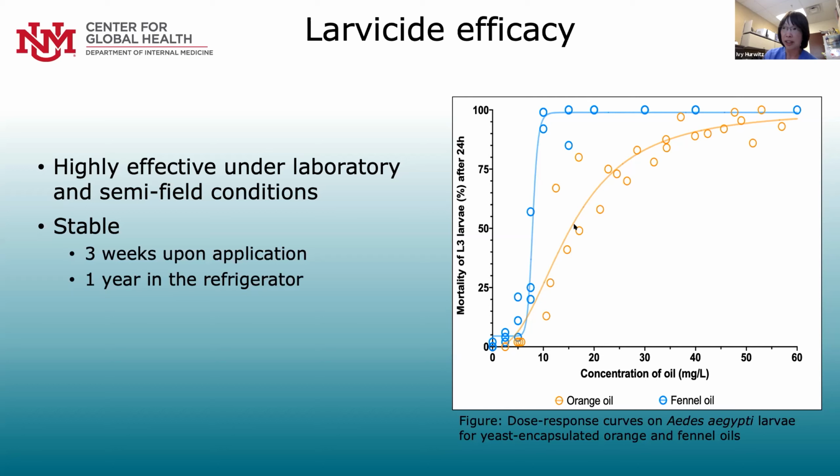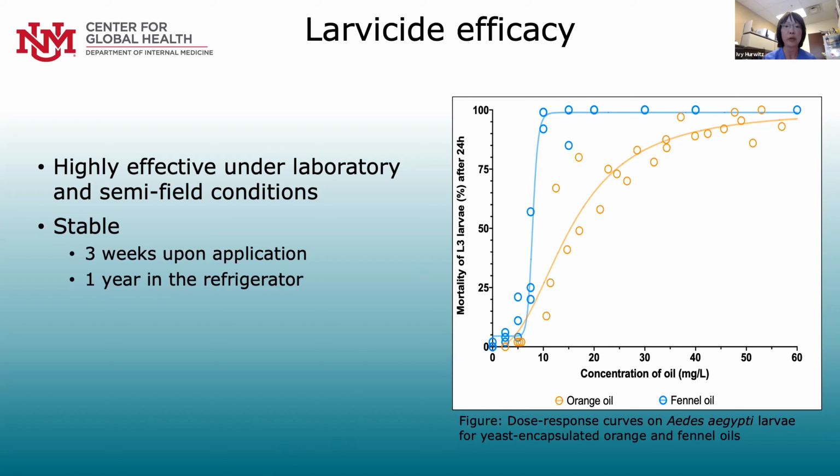When used directly, if you added the oils directly to the water, the amount that you would need to kill a similar number of larvae is closer to 50 milligrams per liter. We also have data showing that the encapsulated orange oil is active for at least 3 weeks following application. And when stored appropriately, the encapsulated larvicides are stable for at least 1 year.